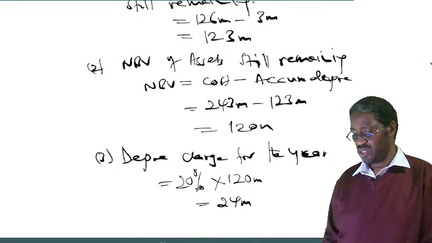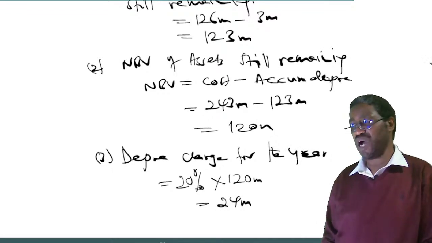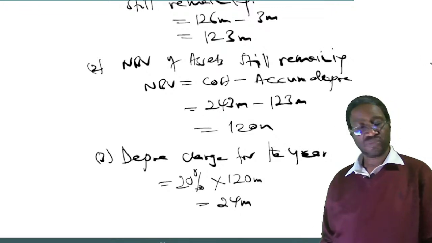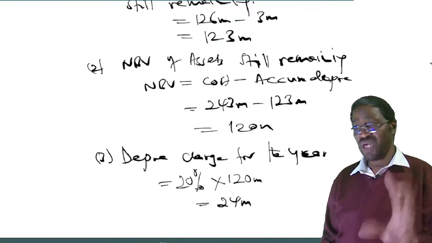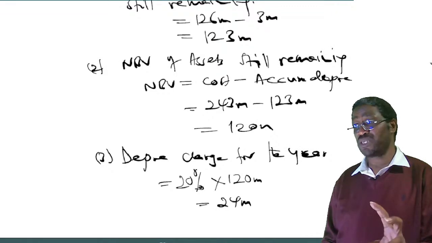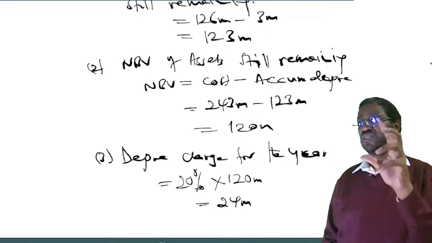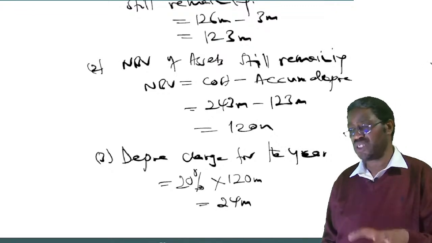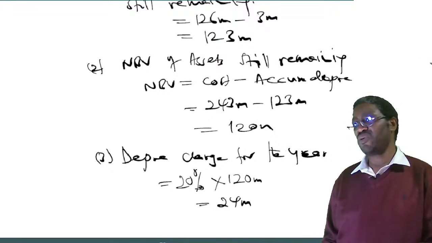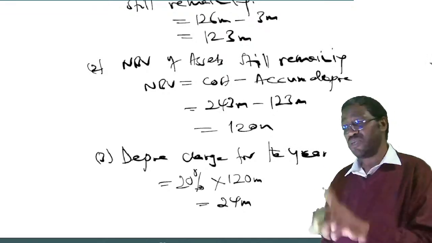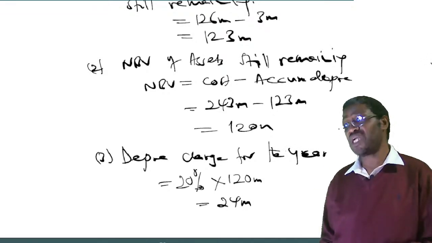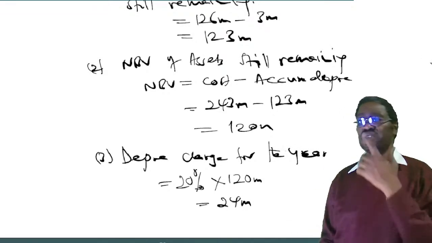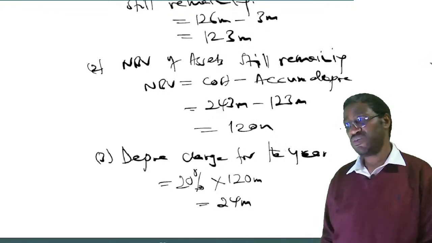Good. So finish. I want to take you back to the accounts. So number 1, we have got the accumulated depreciation of the ones remaining, 123. 2, I have used it to get the book value of the ones remaining, 120. Now I know the book value of the ones remaining as 120. I depreciate them using the reducing balance. I take 20% of their net book value.